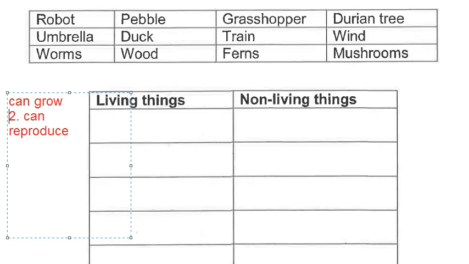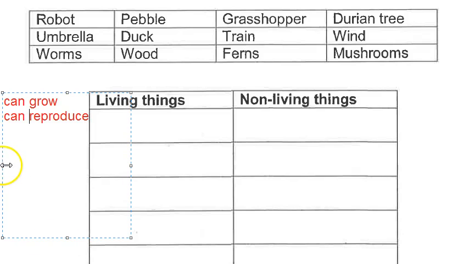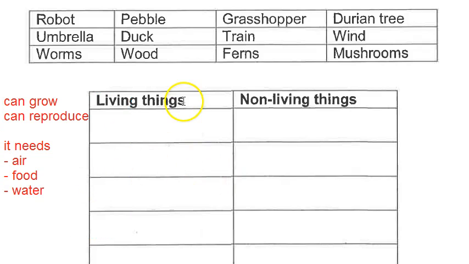It can grow, it can reproduce, it can move on its own, it needs air, food, and water. Alright, again, non-living things cannot do all that.